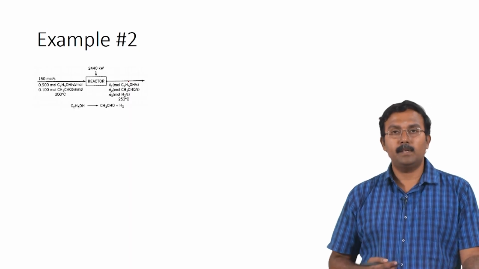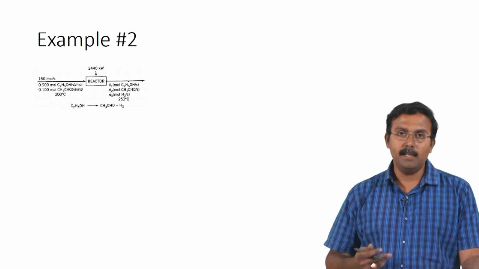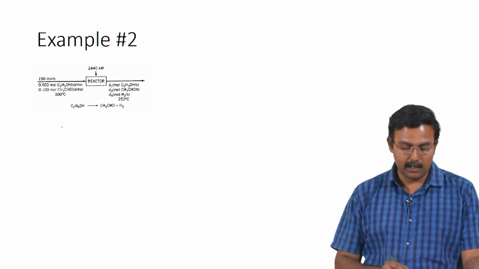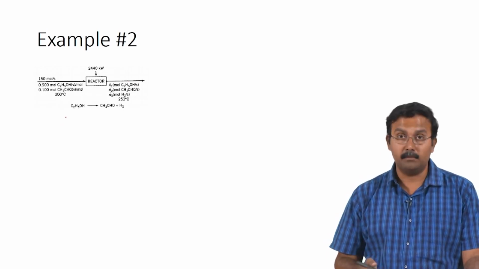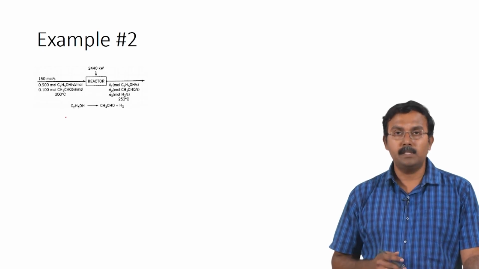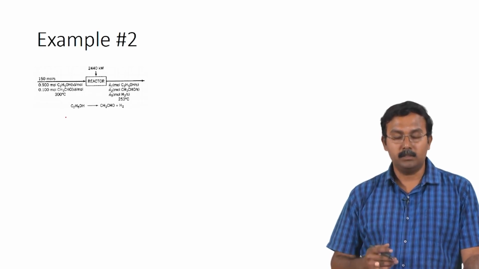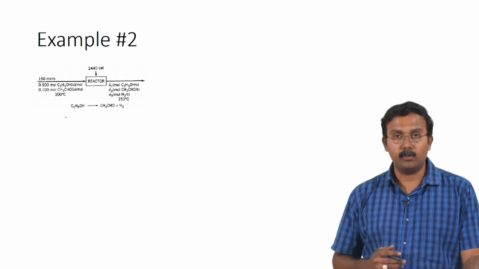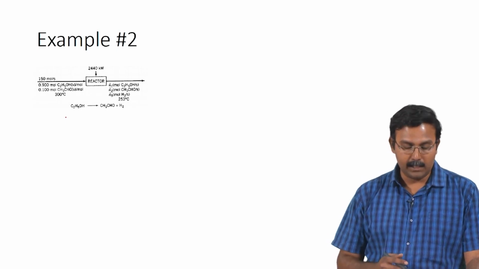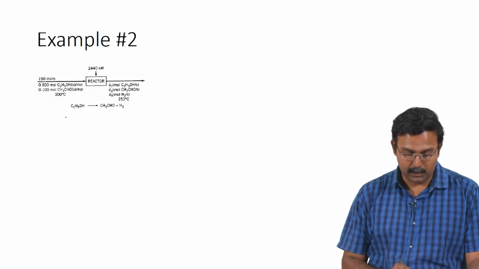So, how many independent equations can we write? If we were to write elemental balances, we would be able to write 3 equations, right. We can write a carbon, hydrogen and oxygen balance. However, what you would see is oxygen and carbon balances are dependent on each other. We can try writing the equations and see how that comes out.